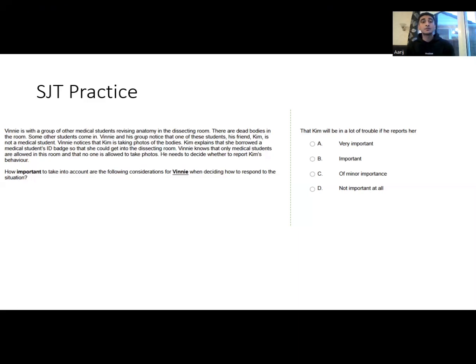Because thankfully these people, by their kindness, have donated their bodies for us medical and dental students to be able to learn from them. So it's just about having that element of respect and being able to know what you can and can't do. The answer I went for is not important at all. The reason is that Kim is accessing a prohibited area using the medical student's ID badge.